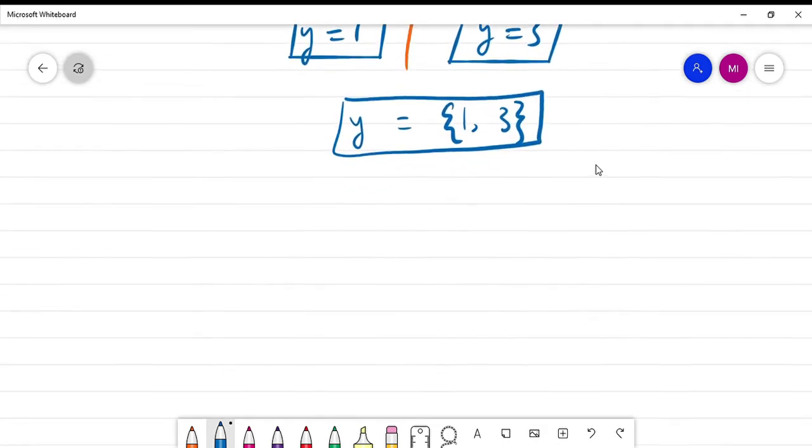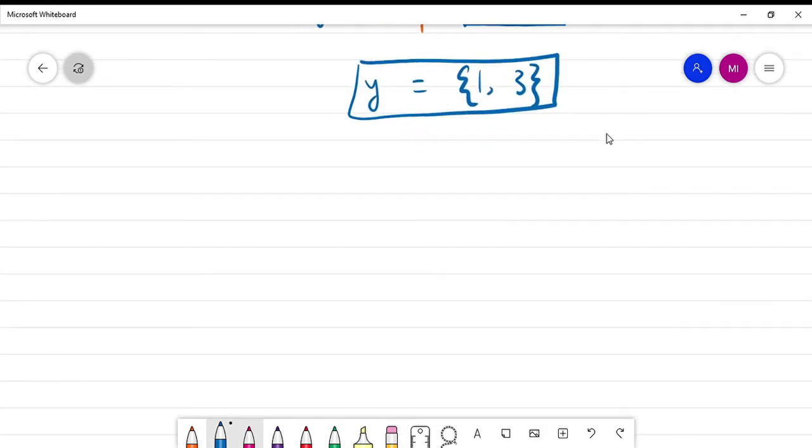And now that we have the values of y, since we let 2x squared plus 1 equal y, we're going to be putting each of y's values right here in this equation.